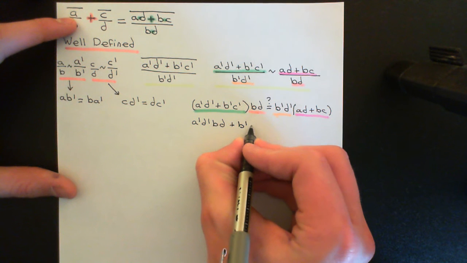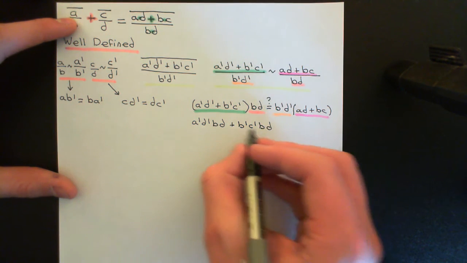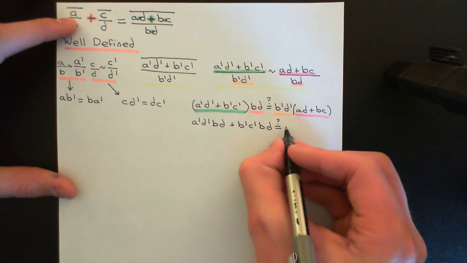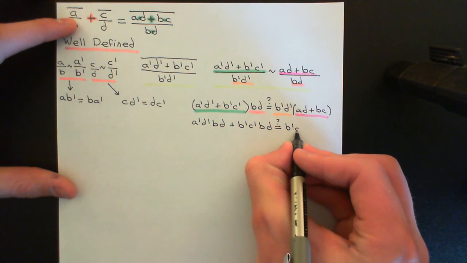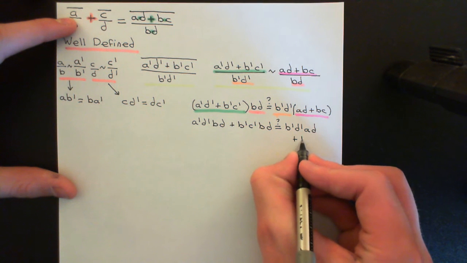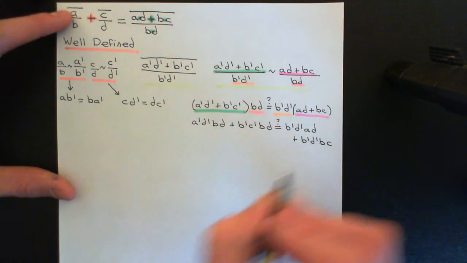Okay, plus b prime c prime times bd. Okay, so that's the left hand side here, and now let's expand the right hand side, so we'll keep the question mark there, is equal to b prime times d prime times a times d plus b prime times d prime times b times c.